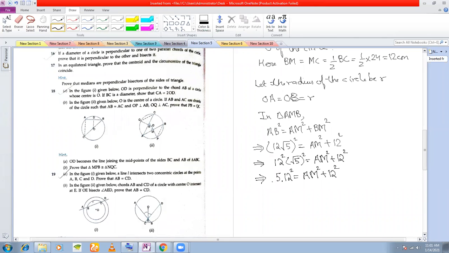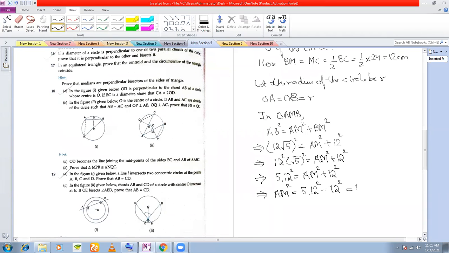You can find out 5 into 12 square as 5 into 144 and multiply, but let's try an easier way. That is, AM square can now be written as 5 into 12 square minus 12 square.